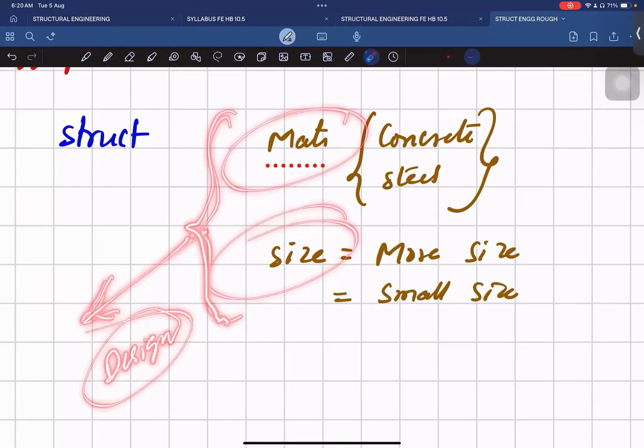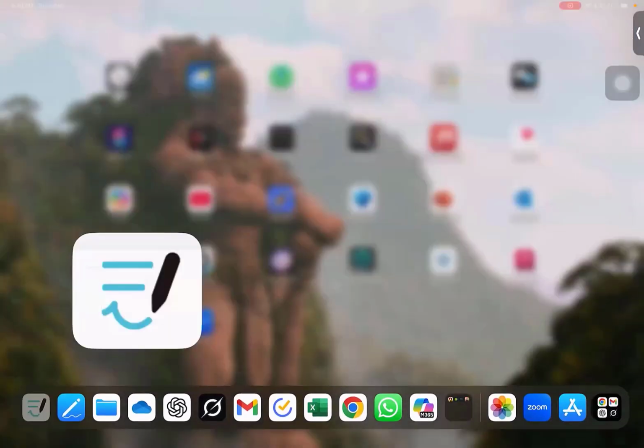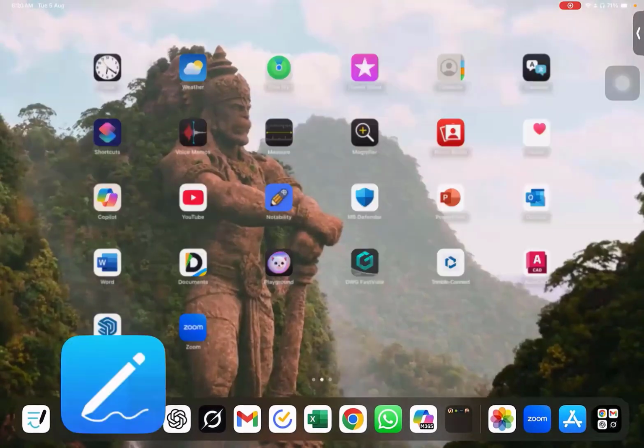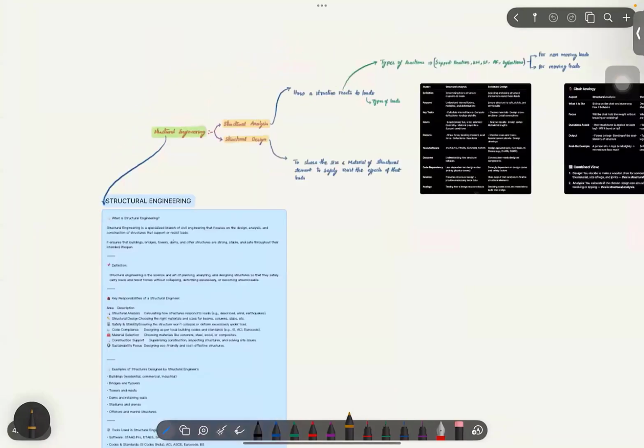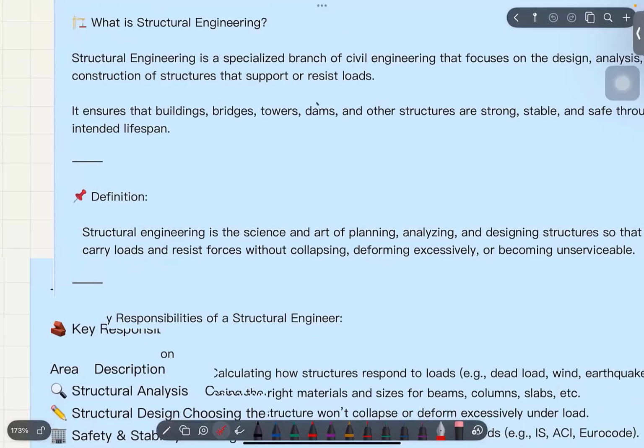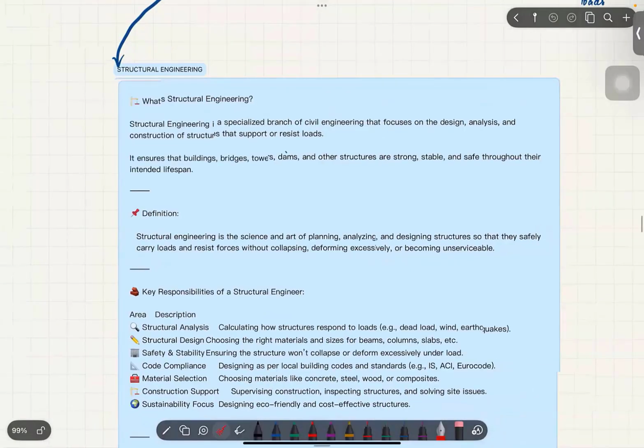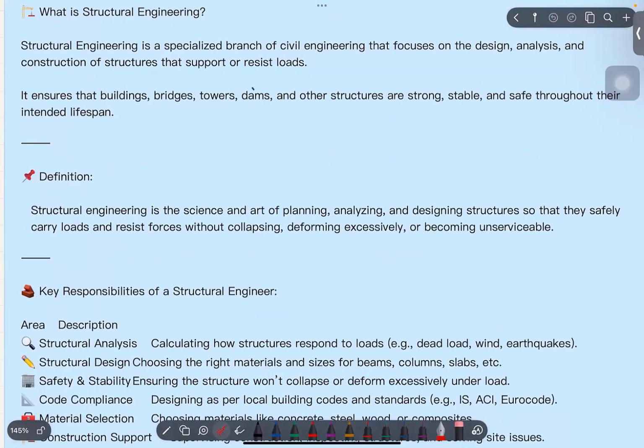So this is a brief summary of what is structural engineering. So you can see I have collected some data for you. The lengthy definitions are not needed for the exam. Structural engineering is a specialized branch of civil engineering.